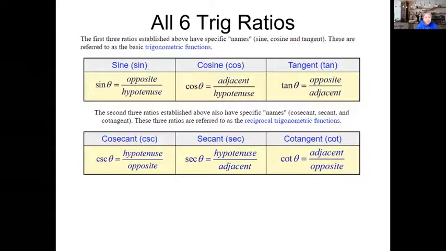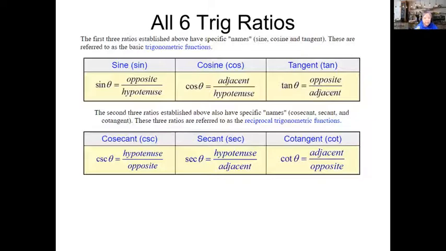So far, we've been focusing on the first 3, which are sine, cosine, and tangent. And each of sine, cosine, tangent has its reciprocal function, which we call cosecant, secant, cotangent.